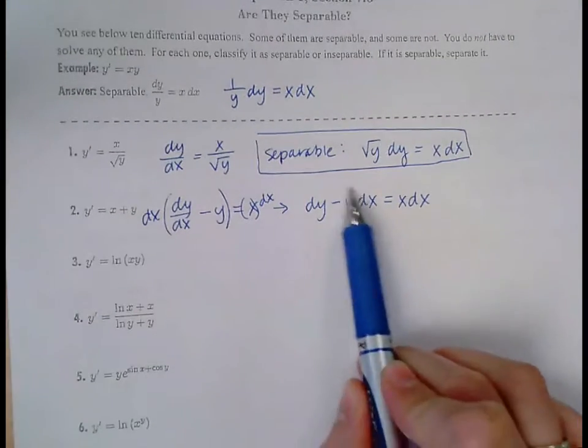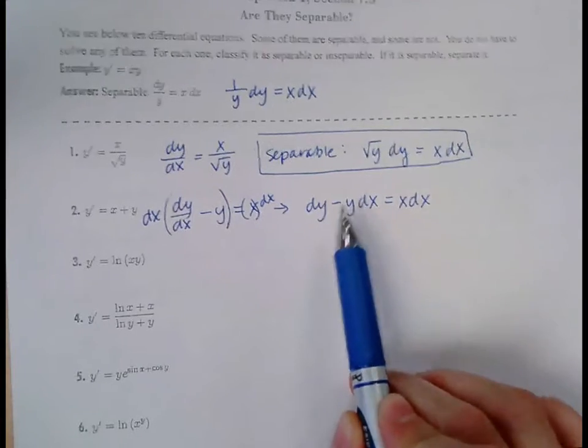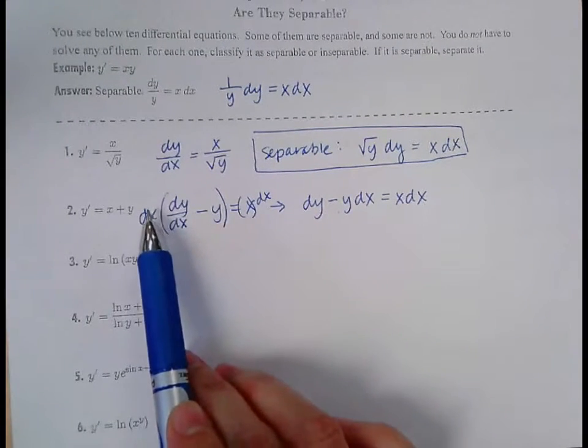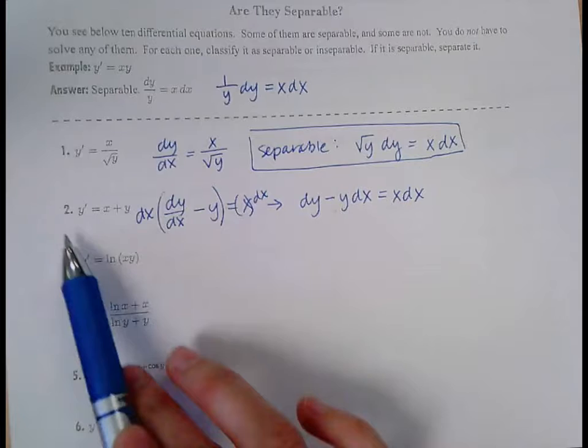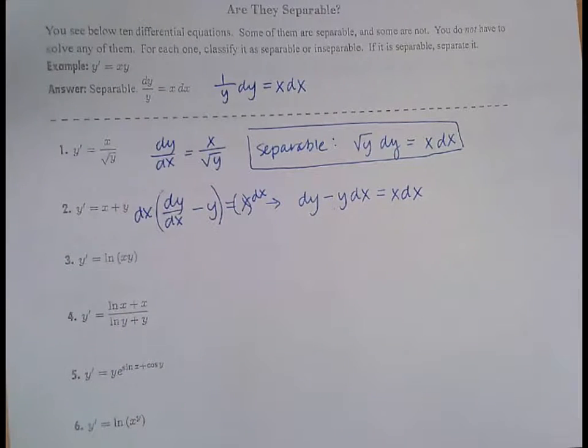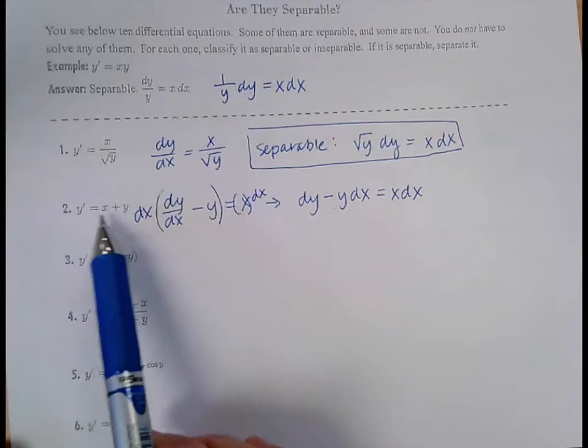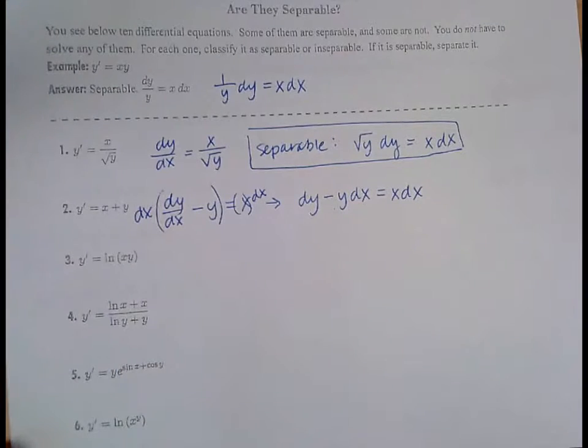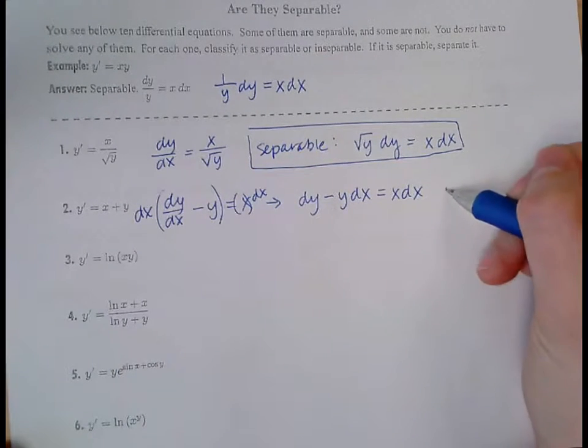You can't do anything with this. So you have to be able to multiply or divide your y expression to the other side. If you end up adding or subtracting terms to get y's on one side, x's on the other, that is not separable. So whatever is on this right side has to be a product or a quotient of x and y. So this is inseparable.